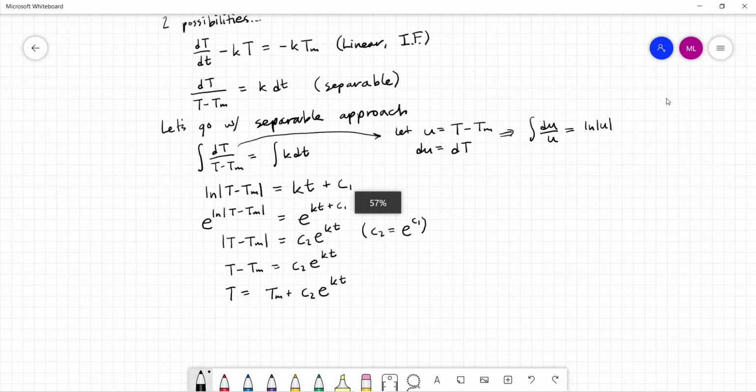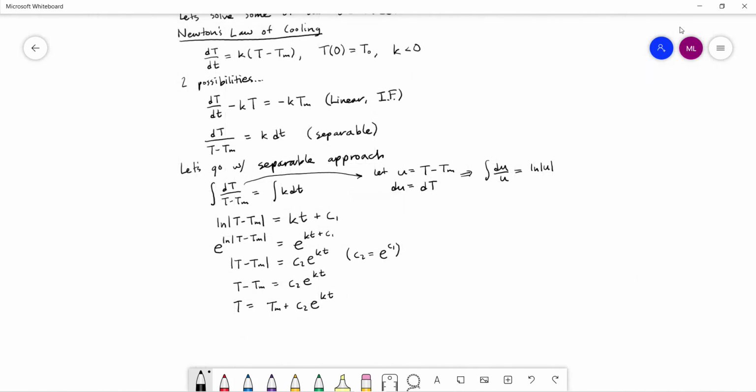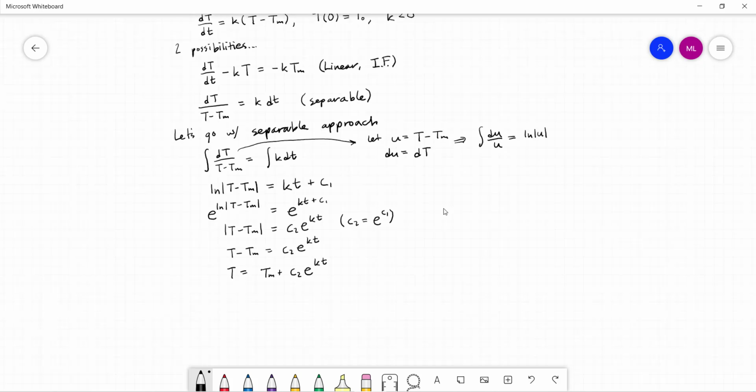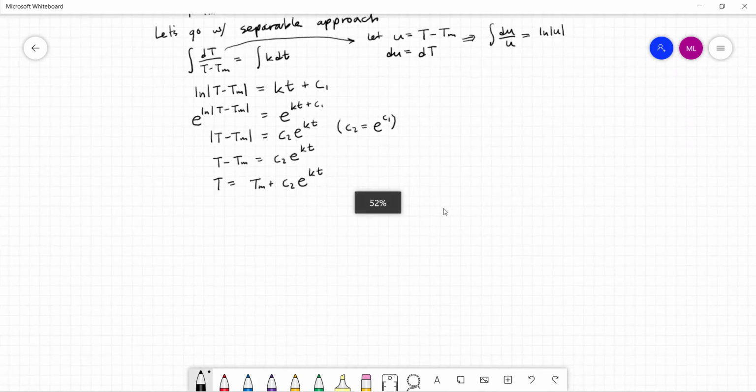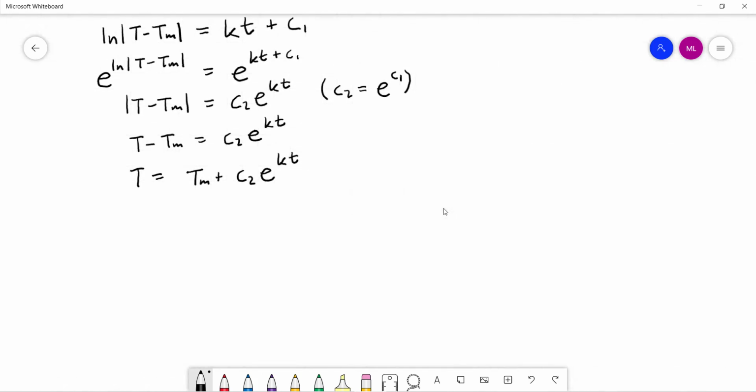If we wanted to come back and plug in our initial condition that's written up here, we could actually solve for one of these variables. We could solve for what c2 is. It's not too bad. So plug in the initial condition that T of 0 is equal to some new parameter that we're just calling t naught. So it's just some number.